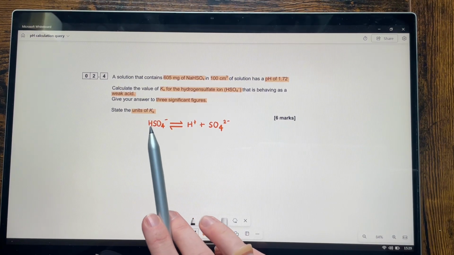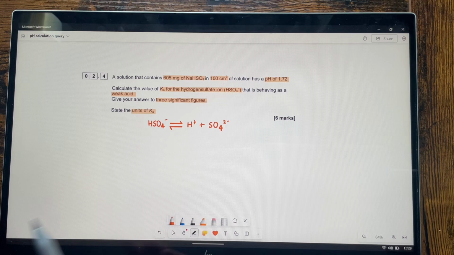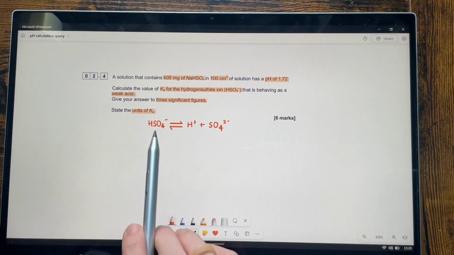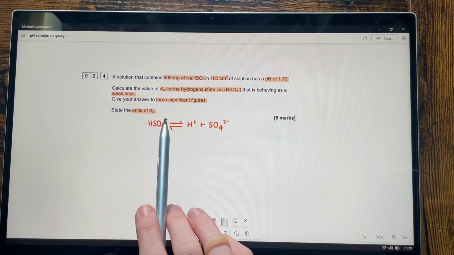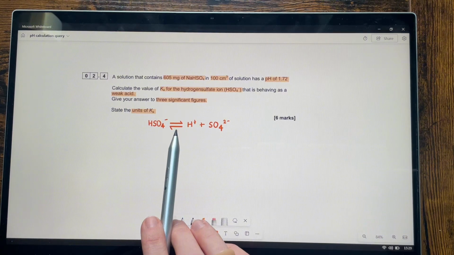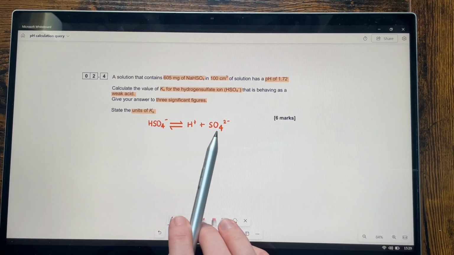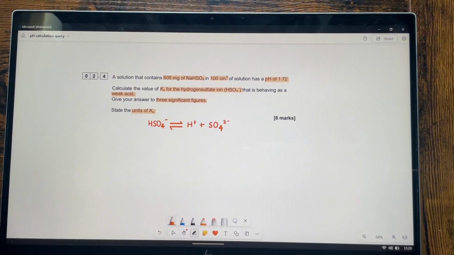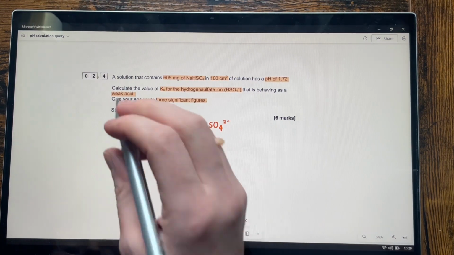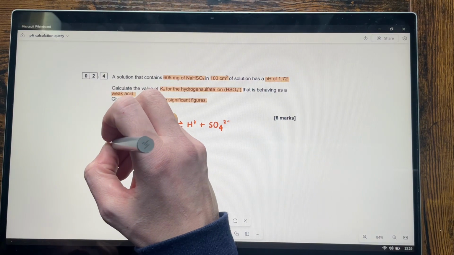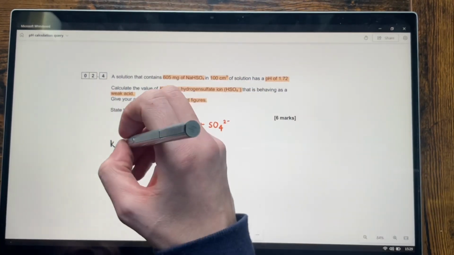Because we are dealing with a weak acid on its own, and we're not thinking about a buffer solution in any way, for every one HSO4- ion that dissociates, we generate the H+ and the SO4 2- in a 1-to-1 ratio. So what I would always do is encourage you to write your Ka expression in full first.